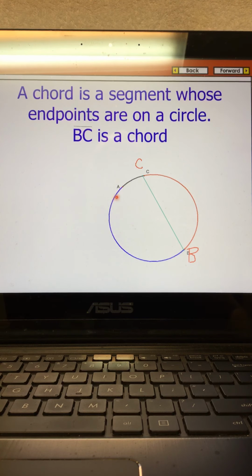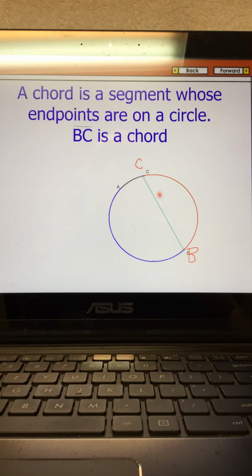Right, the first thing we need to do is talk about the definition of a chord. I'm not sure if you've ever heard this definition or not. A chord is a segment whose endpoints are on a circle.